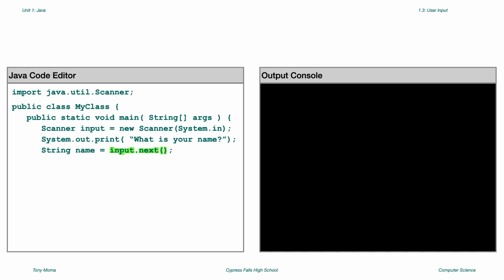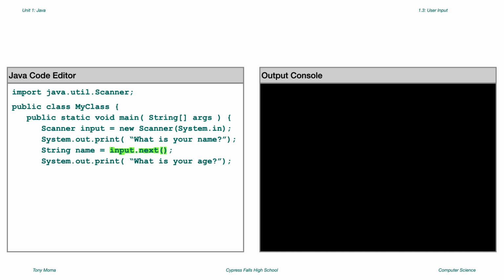Now, recall from our Python unit that there were times where we didn't want the user's response to be stored as a string. Sometimes we wanted it to be stored as an integer, or a float, or a boolean. Fortunately, the Scanner class provides a simple way to accomplish each of these tasks. For example, suppose I want to know the user's age and I want to store it as an int.